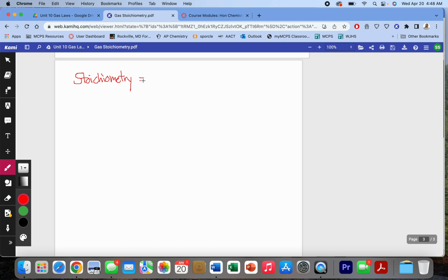So stoichiometry simply uses the mole ratio from a balanced chemical equation. Okay, so that's what we're talking about.